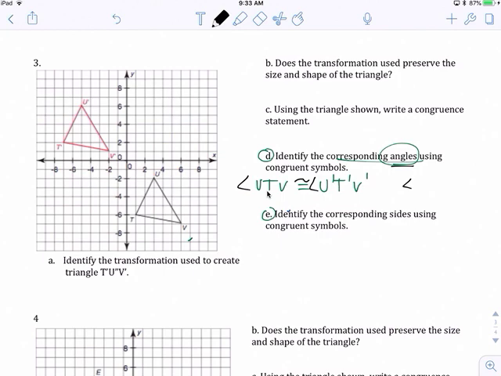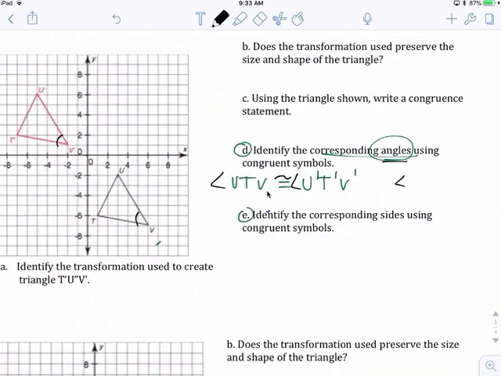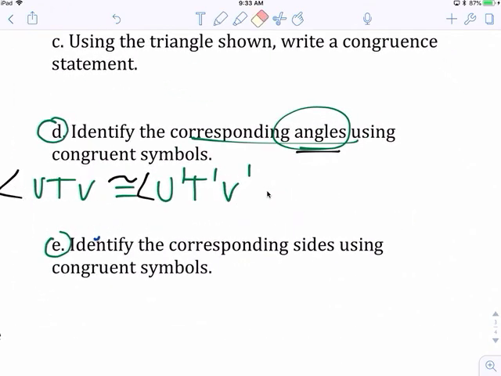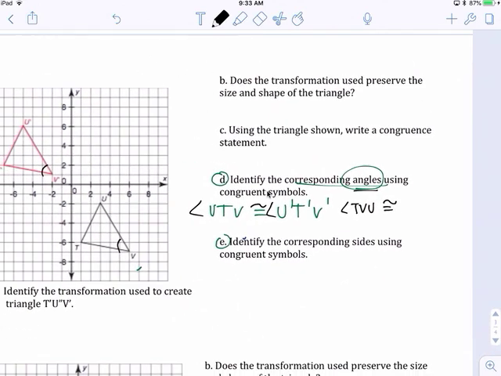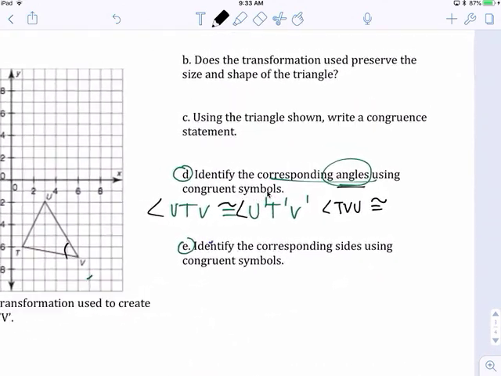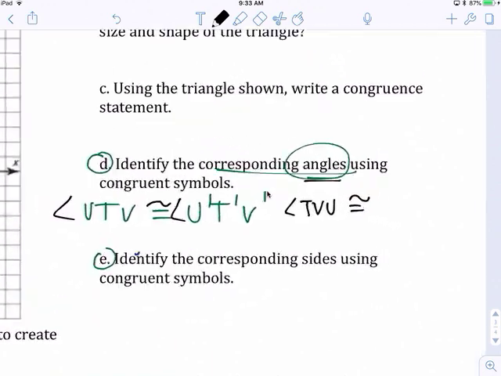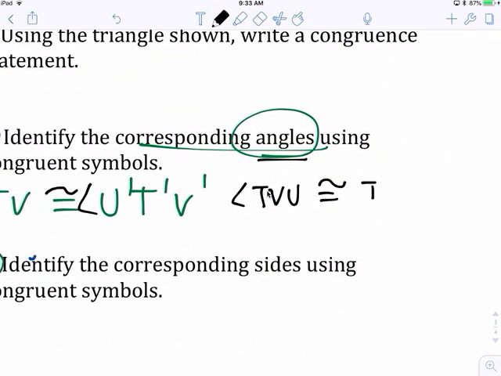But let's talk about angle V. Okay. Need an angle V. So angle TVU is congruent to, oh, they just use prime, right? Angle T prime, V prime, and U prime.